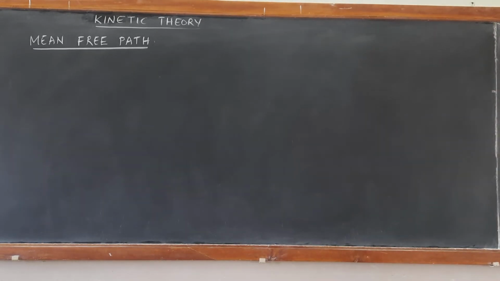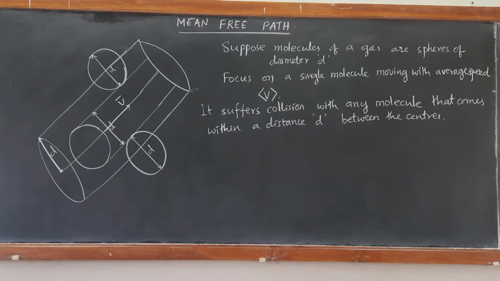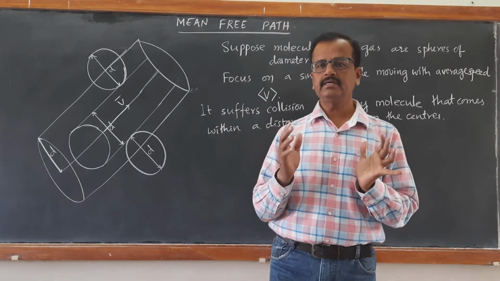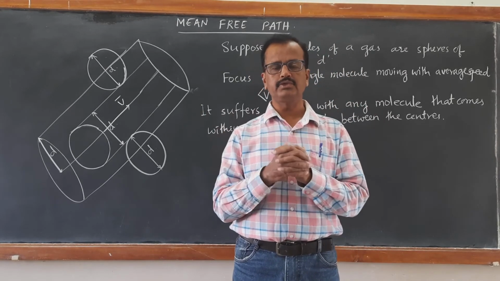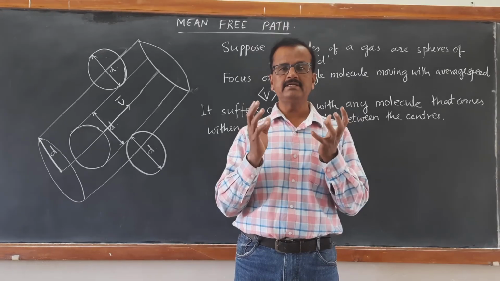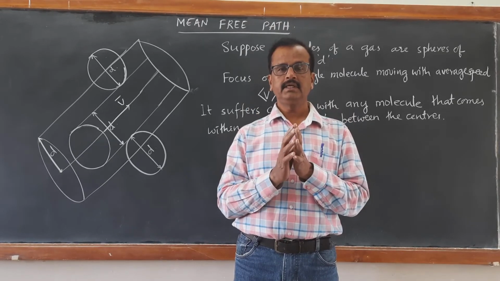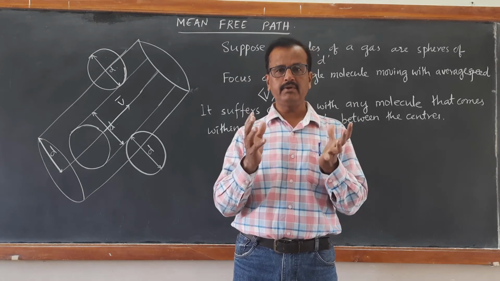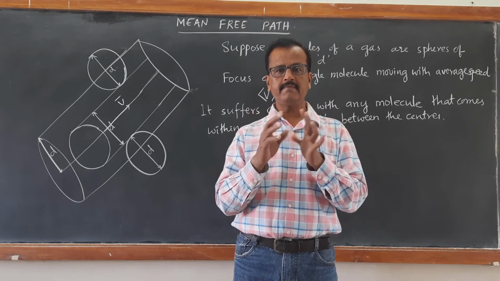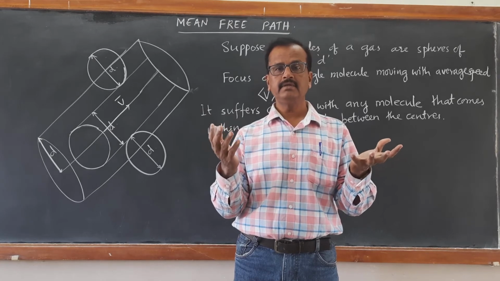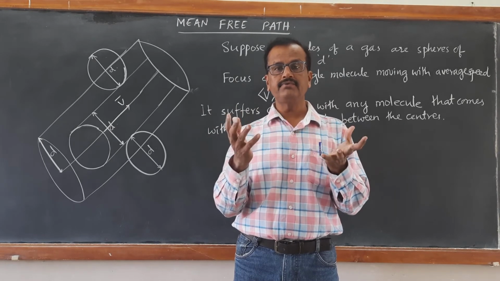We will now calculate this mean free path. By calculating the mean free path, the average distance between two successive collisions, we will be able to calculate the average collision time, the average time taken between two successive collisions. Once we know the average time between collisions, we will have an idea of the collision frequency.